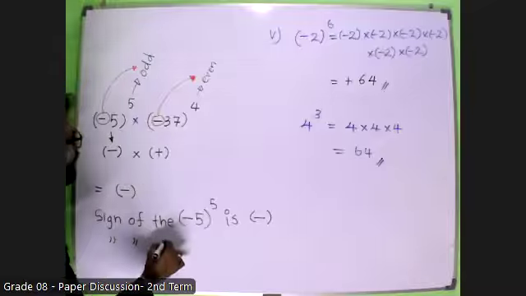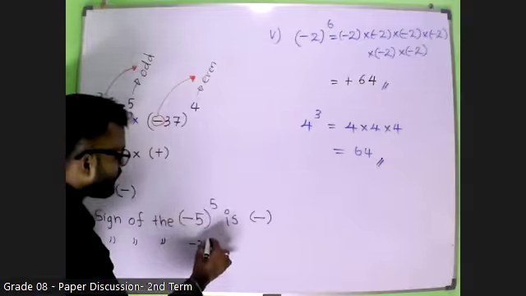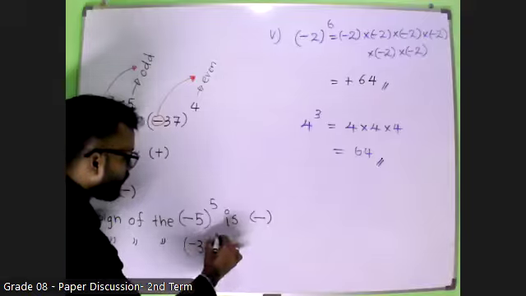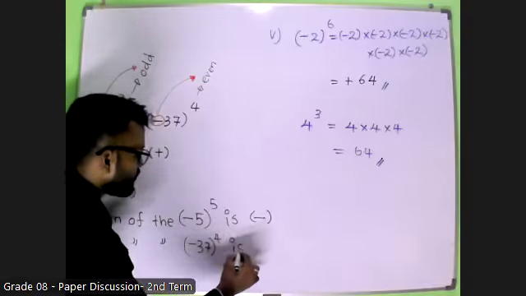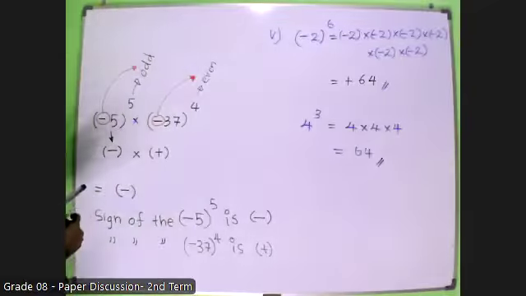Sign of the negative 37 to the power 4 is positive, right?